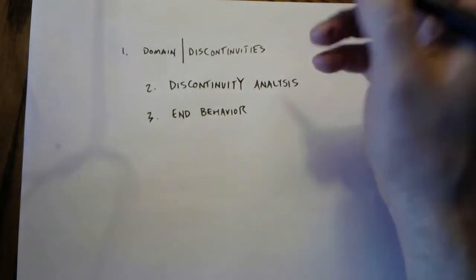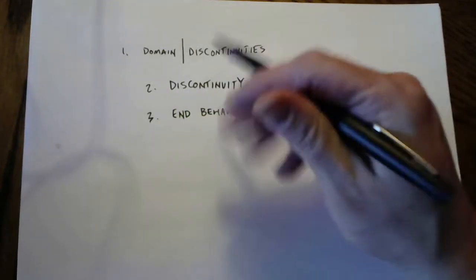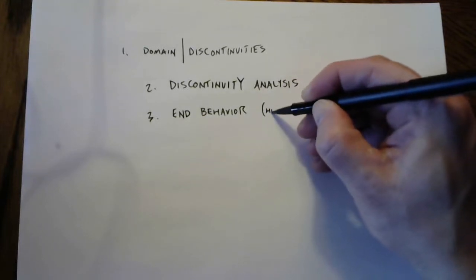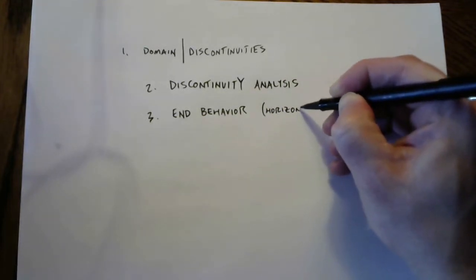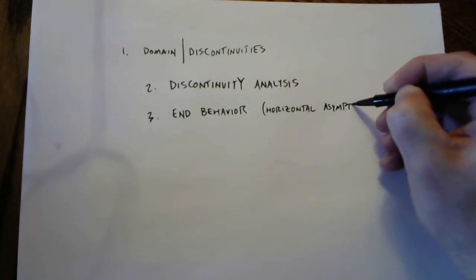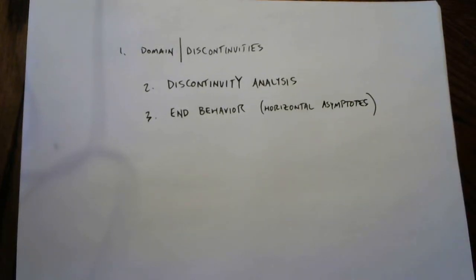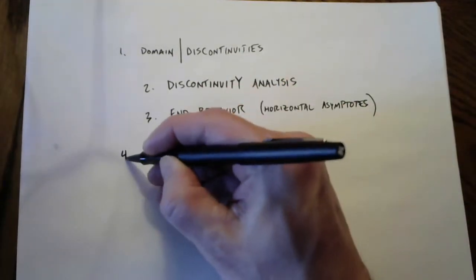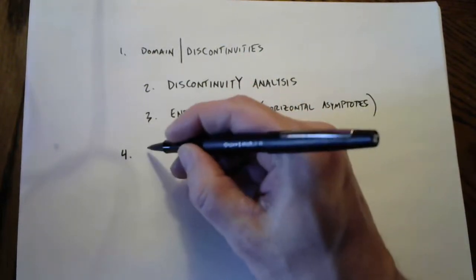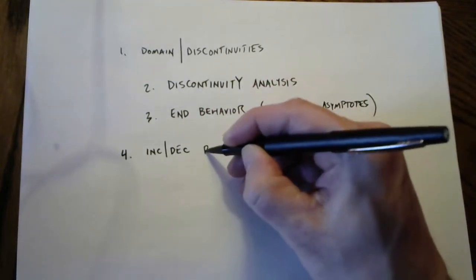And then also new, end behavior. And the order doesn't have to necessarily go in this order. What this relates to is what we call horizontal asymptotes. And then things that we've been doing, you could pretty much count on this with everything. Increasing and decreasing behavior.